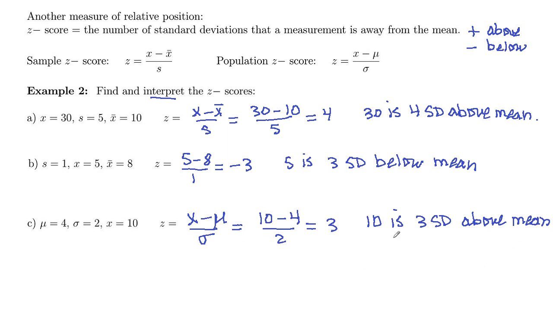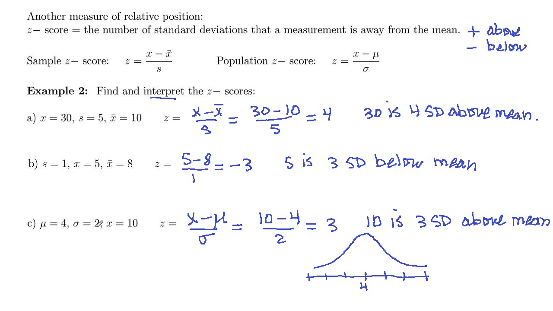So if you look at a distribution here, if this was bell-shaped data, and a lot of data is bell-shaped, then your mean is going to be in the middle. So our mean was 4, so 4 in the middle. And then you've got 1, 2, 3 standard deviations above, and 1, 2, 3 standard deviations below.